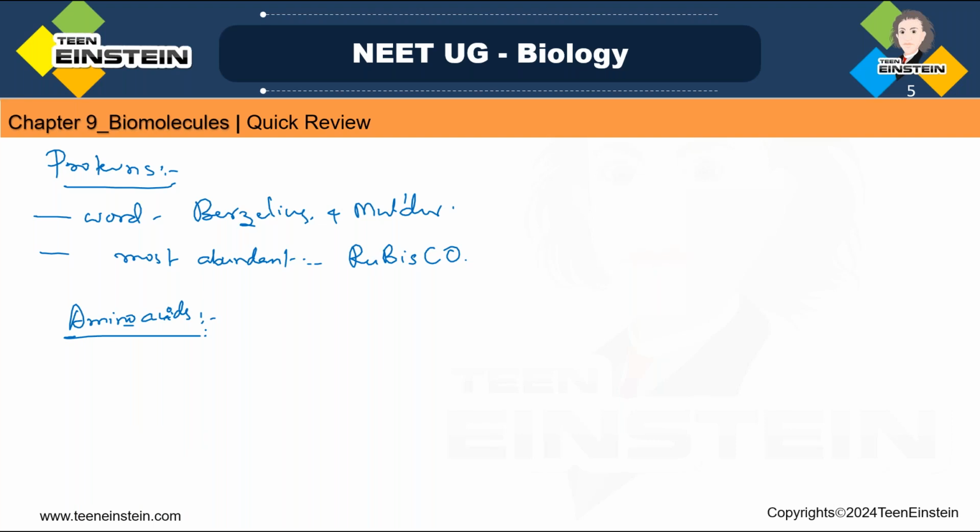Amino acid means the compound which has both an amino group and a carboxylic group. That's why it is called amino acid.